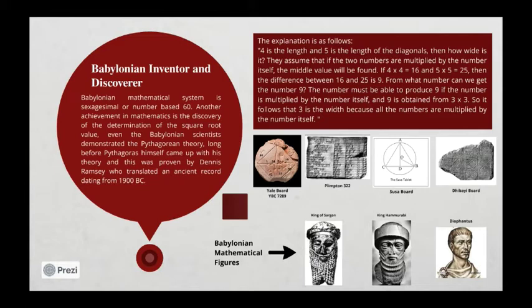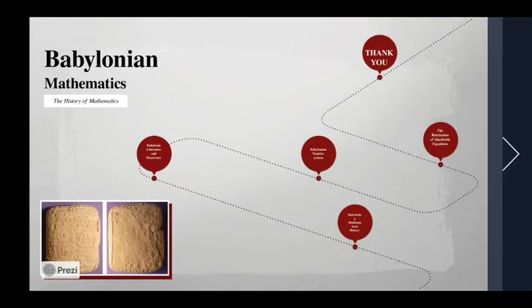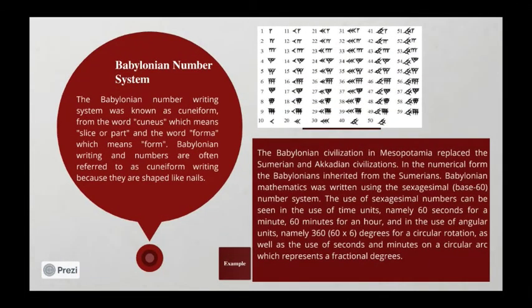The next material is the Babylonian number system. The Babylonian number writing system was known as cuneiform, from the word cuneus, which means wedge, and the word forma, which means form. Babylonian writing and numbers are often referred to as cuneiform because they are shaped like nails.